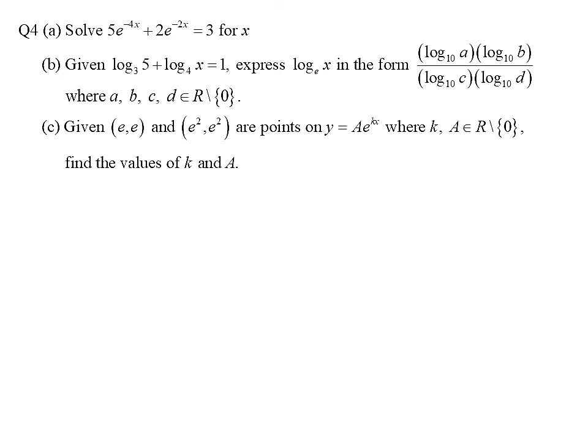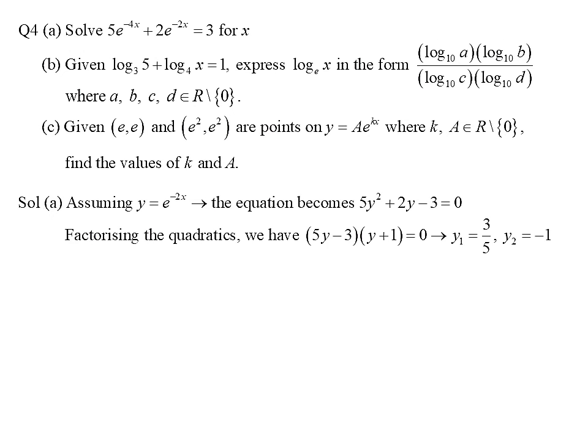Question 4a is an index function, which is a function with a variable in the index. To simplify the question, we assume y equals e to the power of negative 2x and then solve for y. After factorizing 5y squared plus 2y minus 3, we have y equals 3 over 5, or negative 1.